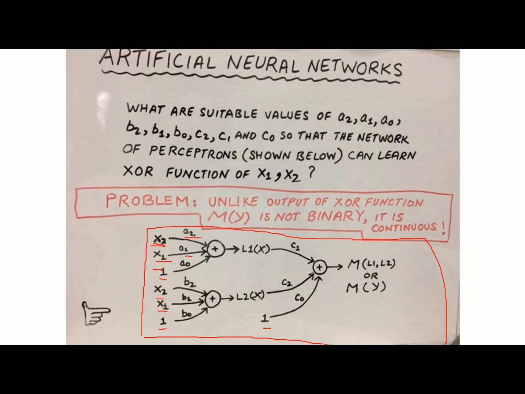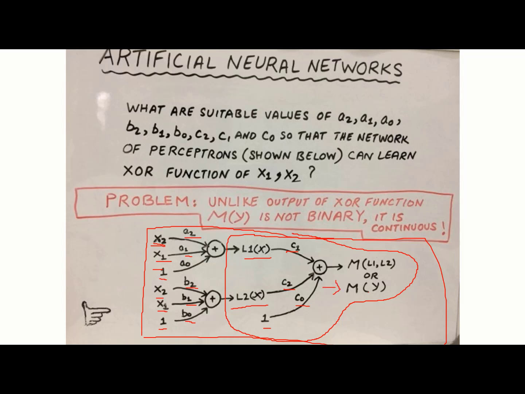And all of them are added up to give us the perceptron L1 of x. Similarly, we have x2 multiplied by b2, x1 with b1 plus b0. They are added up to give us L2 of x. Now L1 of x and L2 of x form the input of the learning at the next level, whose output is M of y, and L1 of x will be multiplied by the coefficient C1, L2 with C2 and C0. They're all added up to give us M.